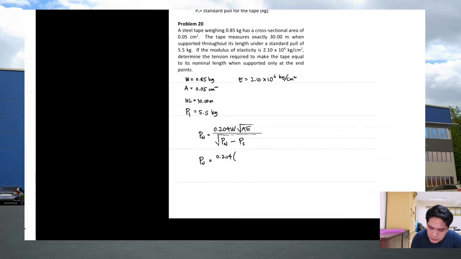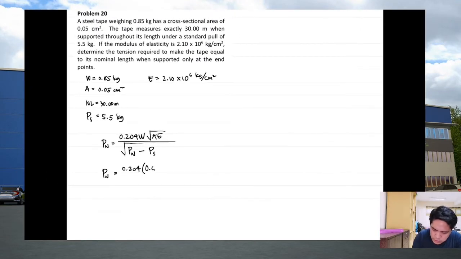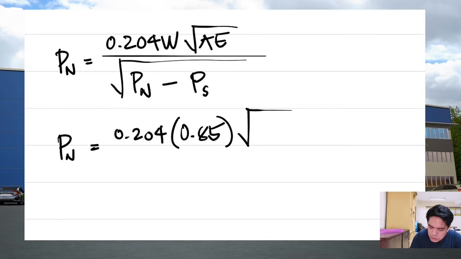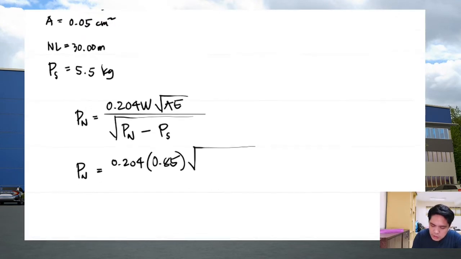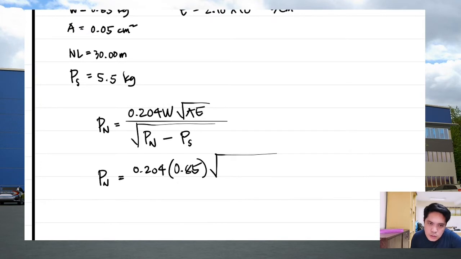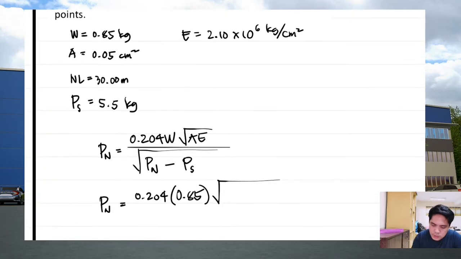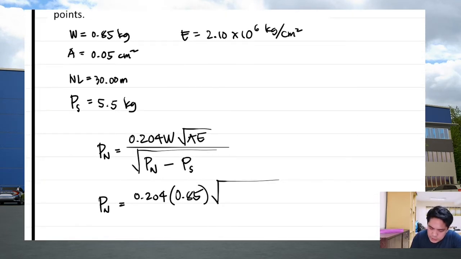Yung weight natin is 0.85 kilograms. So times the square root of, anyway, just look at the units. Kailangan consistent yung unit. If the units are not consistent, so you need some derivations or conversions pala. So area is in 0.05. Remember, the area is in 0.05.